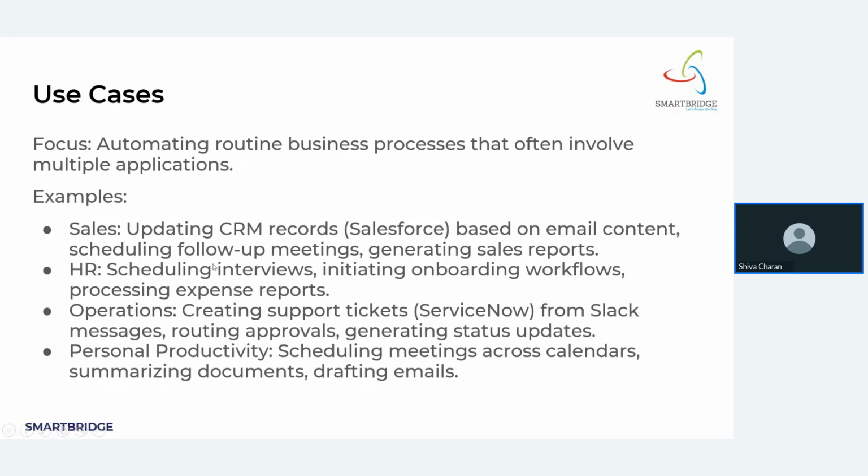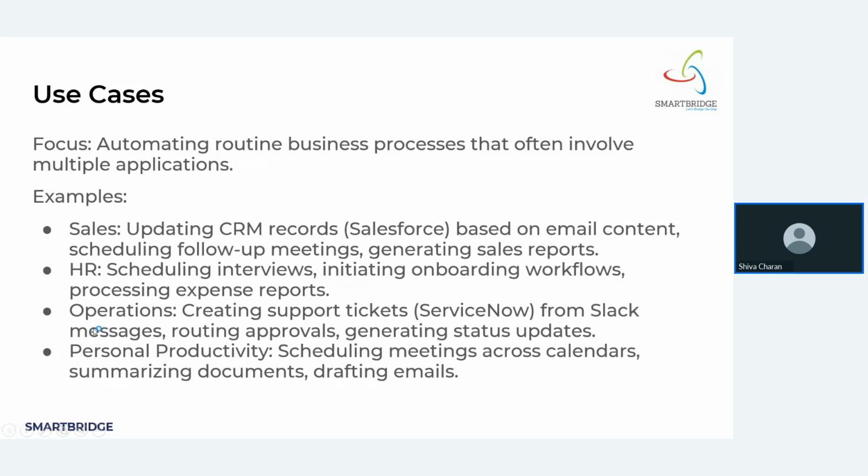In the HR department, scheduling interviews, initiating onboarding workflows, processing expense reports. And in the operations department, creating support tickets in ServiceNow. Currently, ServiceNow and Salesforce are on trend. So creating support tickets from Slack messages.